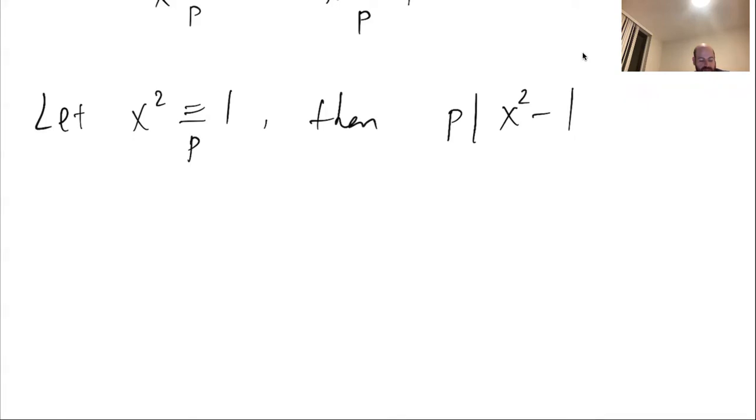Now, we know that if p is a prime number, then p divides ab implies that p divides a or p divides b.